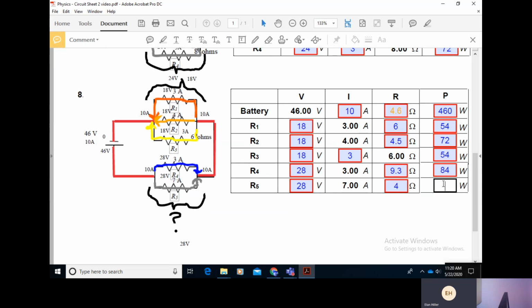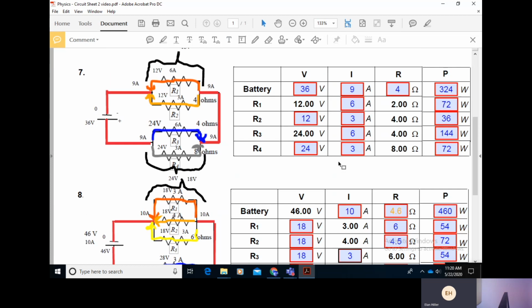And the power across R5 would be 28 times 7, which is 196. Now, let's add up all 5 of these individual powers. 54 plus 72 plus 54 plus 84 plus 196. Indeed, all 5 of these individual powers add up to a total of 460 watts of power.